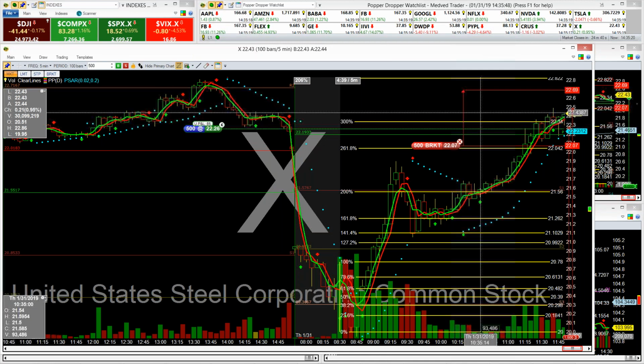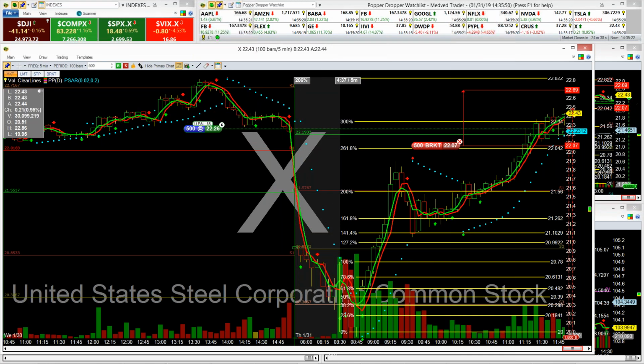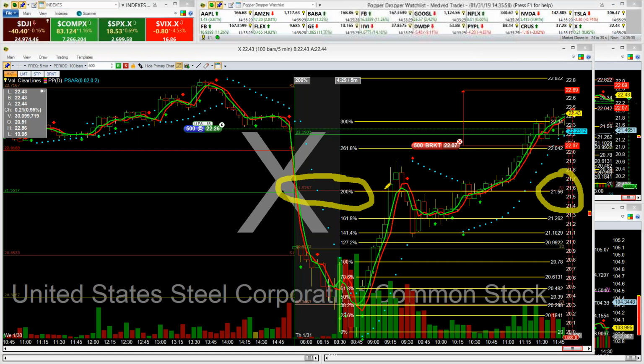Let me get my highlighter. We had confluence of support 1 and the 200 right there. Well, guess where it slowed down and reversed? Just beyond that level.